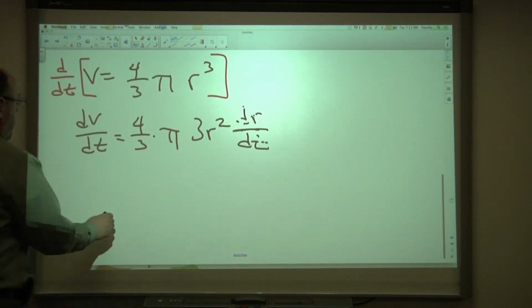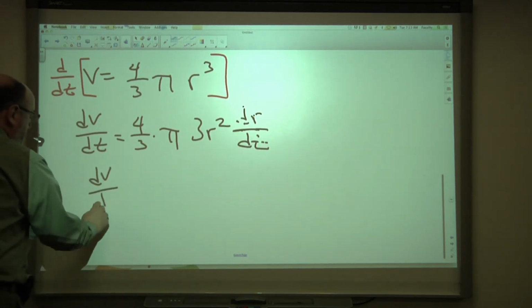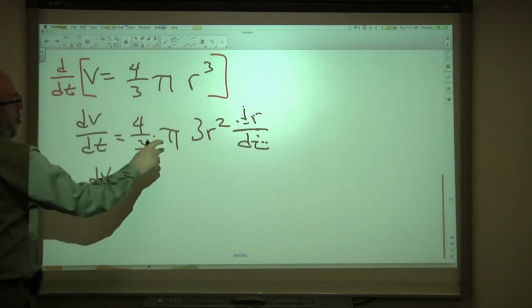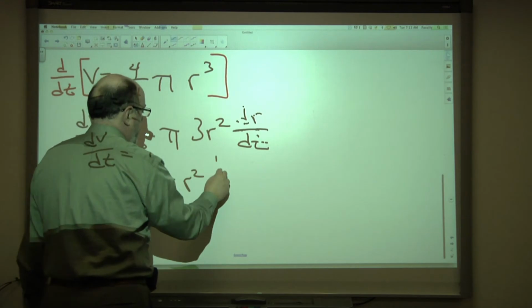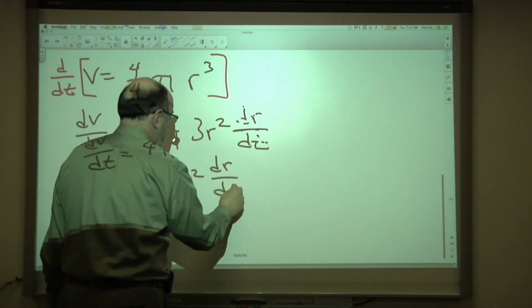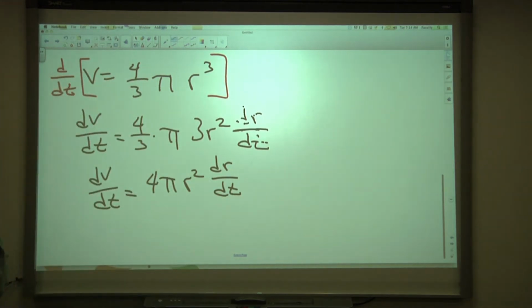So let's simplify this a bit. We get dV/dt equals, the 4/3 and the 3 will just become 4 pi r squared dr/dt.